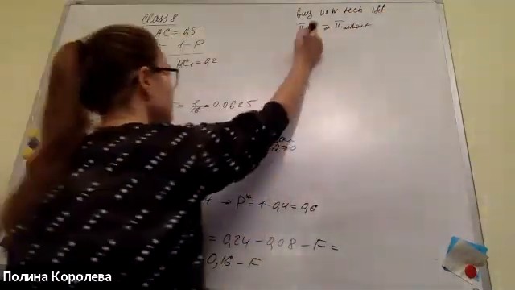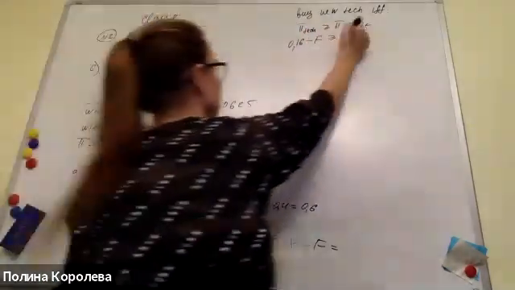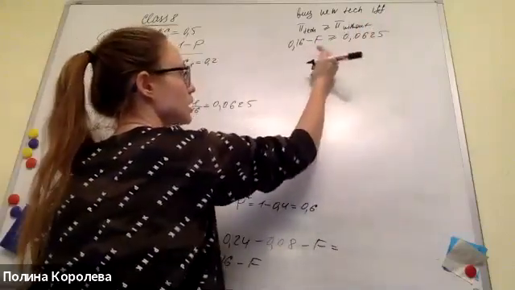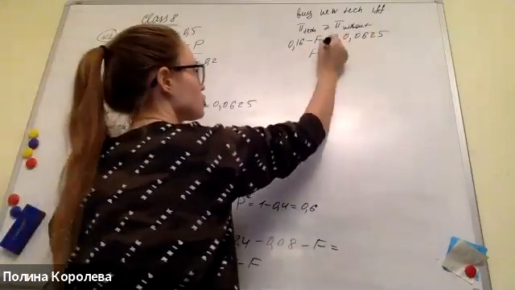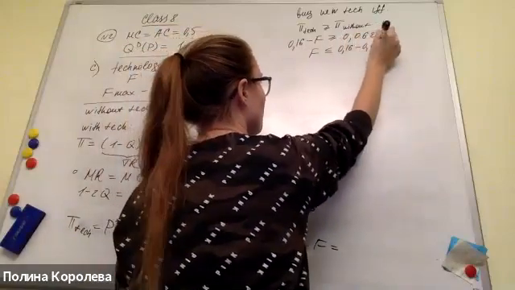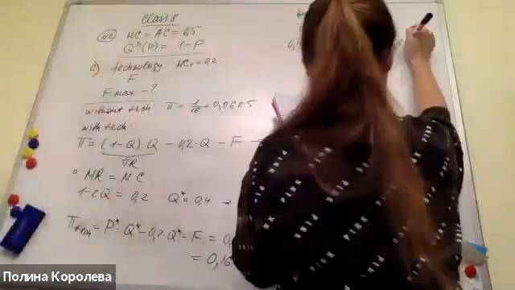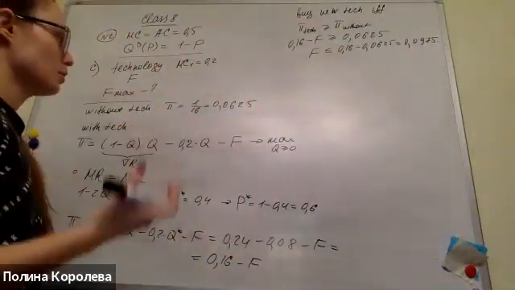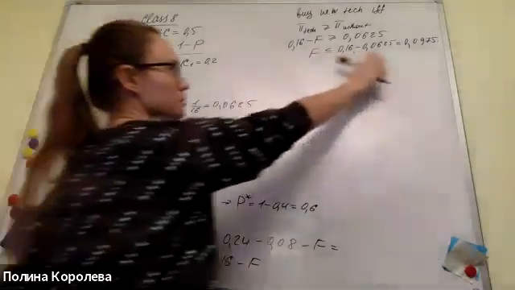Put here our numbers: 0.16 minus F should be greater or equal than 0.0625. So the price of the new technology should be less or equal than this difference, and this is 0.0975. And our question was, what is the maximal fee for which they will agree? So maximal fee, this one.